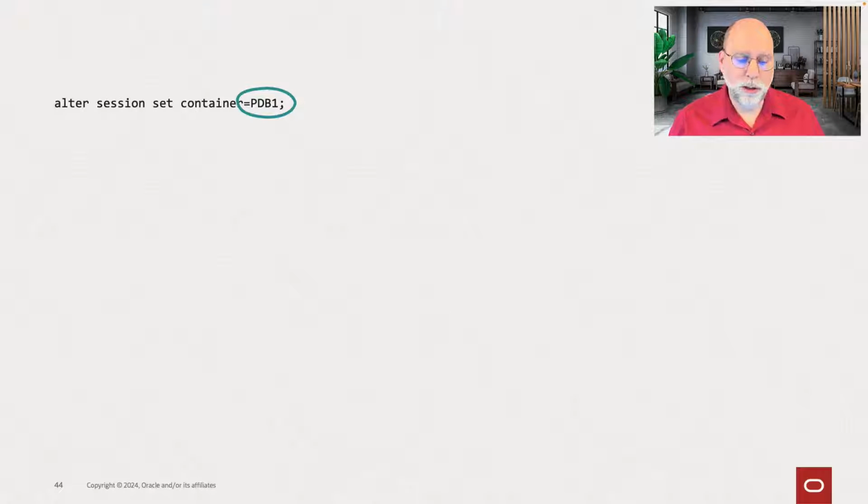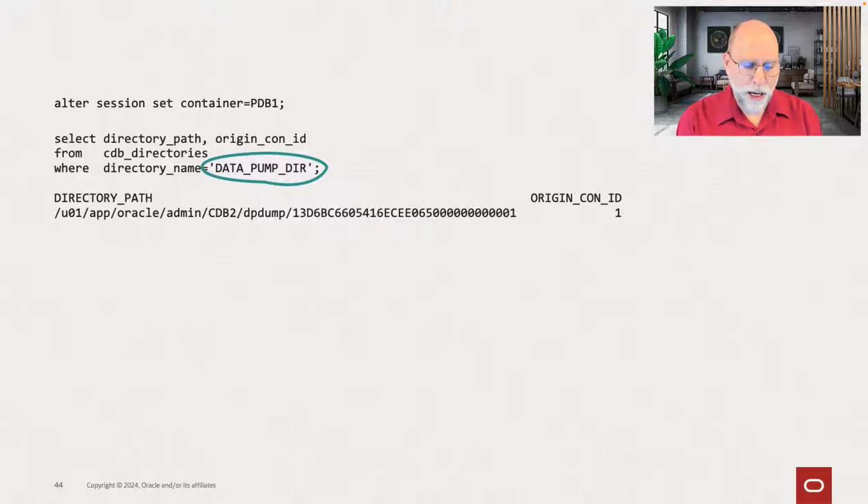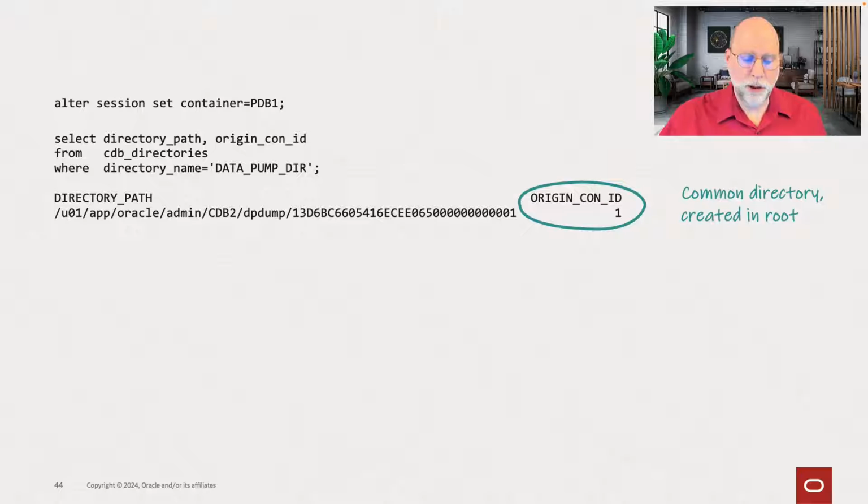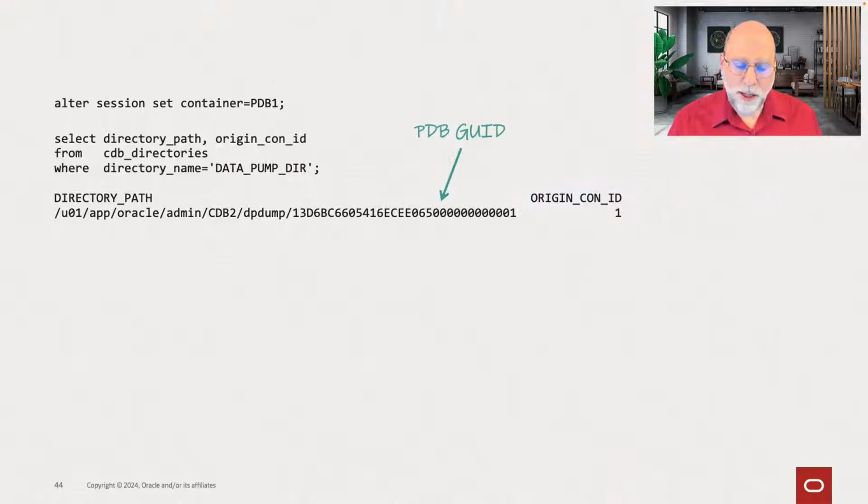So we go to a pluggable database PDB1, and we look at the definition of Datapump Dir, and you see the directory path with this kind of alphabet soup at the end, which is actually the GUID, the global user ID of that particular PDB. So that is how we are looking at the directory object for this particular PDB, even though it is a common object. In some ways, you'd think of it as a common object.